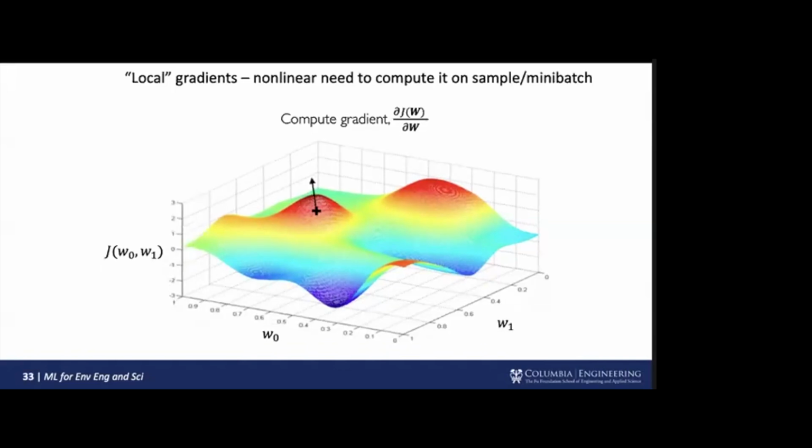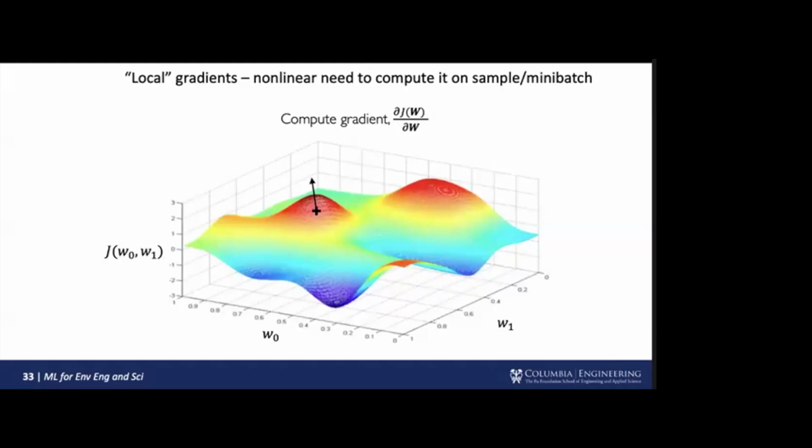Okay, so to decide how to update the weights, we compute the gradient of the loss. How many of you have attended calculus before? So this symbol looks familiar, right? This is just the gradient. The gradient tells us which direction the loss increases fastest at our current position.